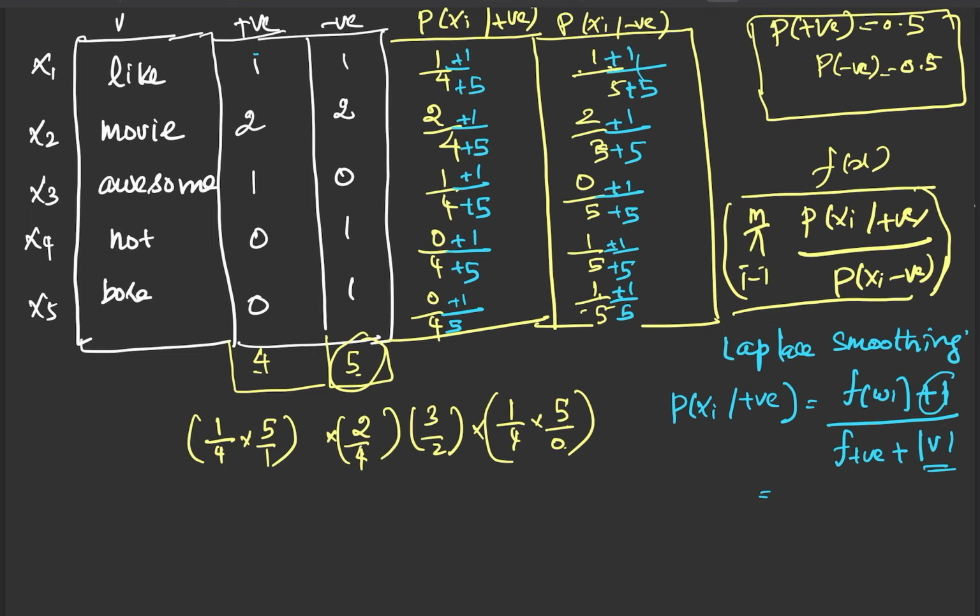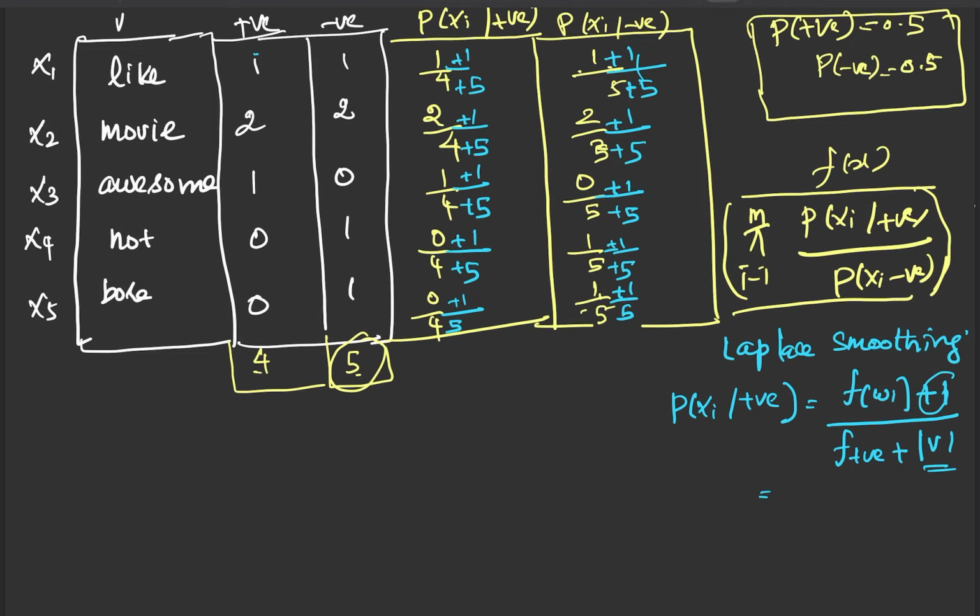Next, what is the next step? Yeah, so continue this formula. Instead of using these values, I just modified it, and the value becomes, let me erase this one, and use the modified values after applying Laplace smoothing. 2 by 9 for the positive class, and for the negative class it should be the reverse, 10 divided by 2, and then again calculate 3 by 9, and then this one is 10 by 3.